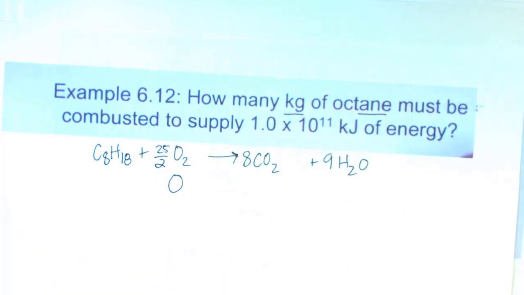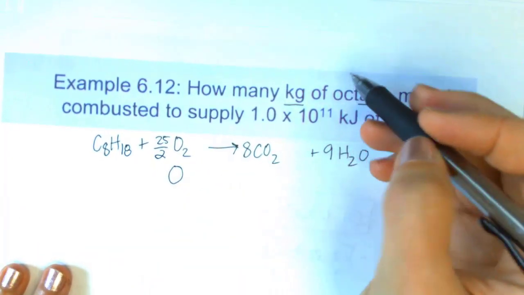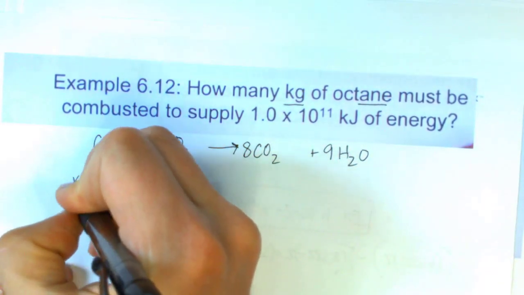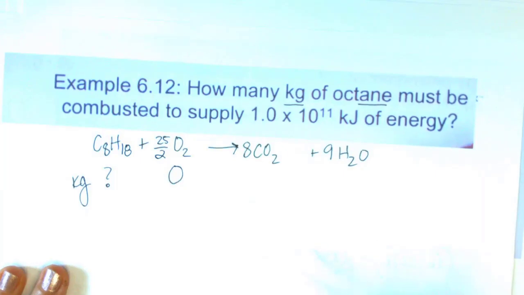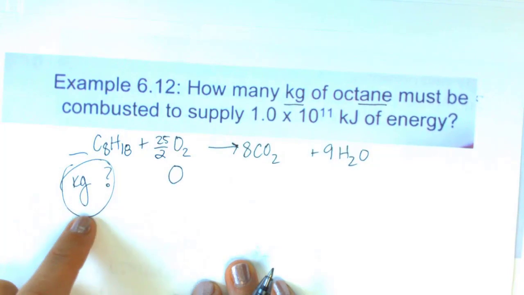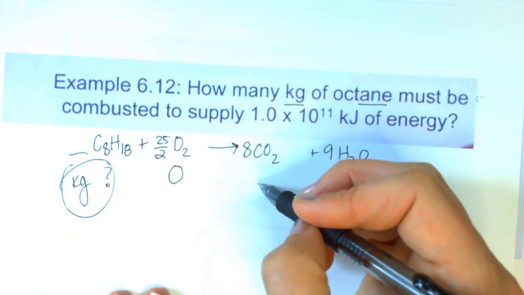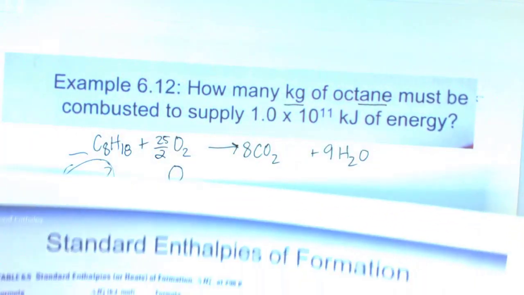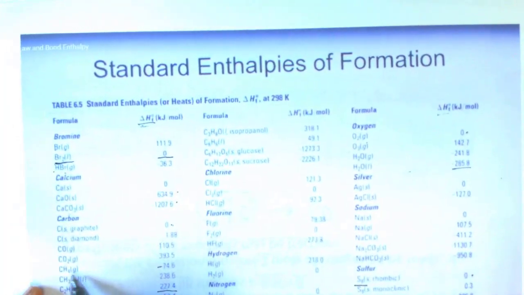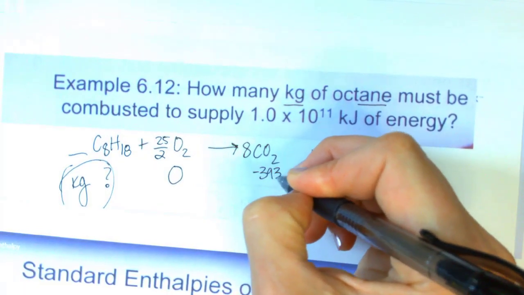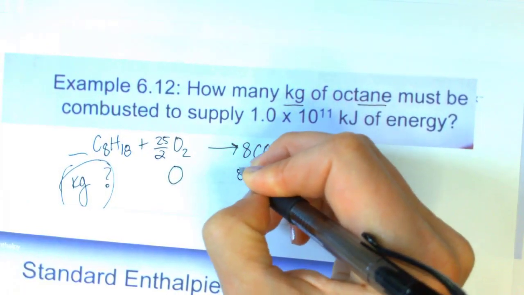Now, we don't know what this octane is because we want to figure out how many kilograms. Yes, we're going to find this out. But let's look up the standard heats of formation for everything else. So our CO2 gas is negative 393.5, and we're going to multiply that by 8.